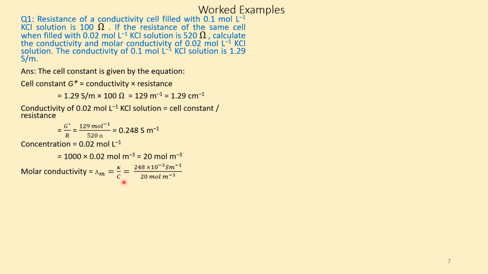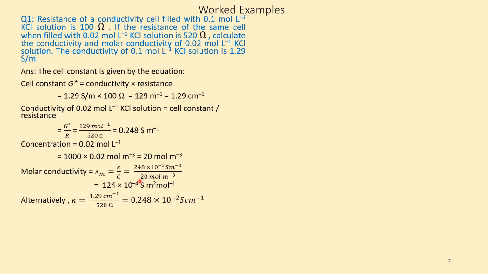The conductivity we have calculated as 0.248, or 248 into 10 to the power of minus 3 Siemens per meter, and the denominator is 20 moles per meter cube. So that is equal to 124 into 10 to the power of minus 4 Siemens meter square per mole. So using the previous step, we have calculated the molar conductivity.